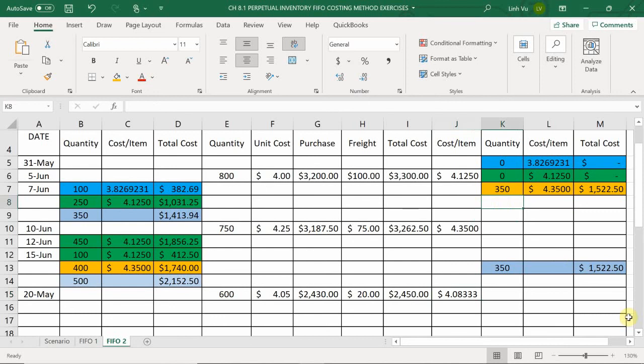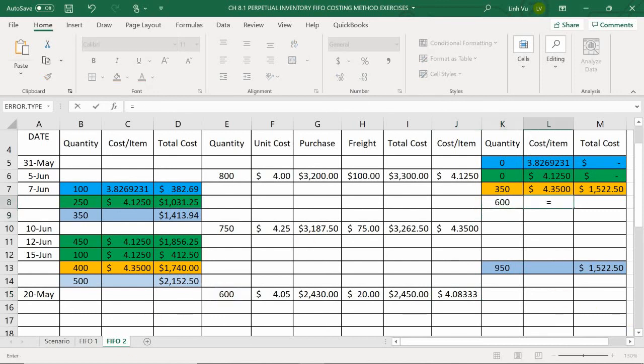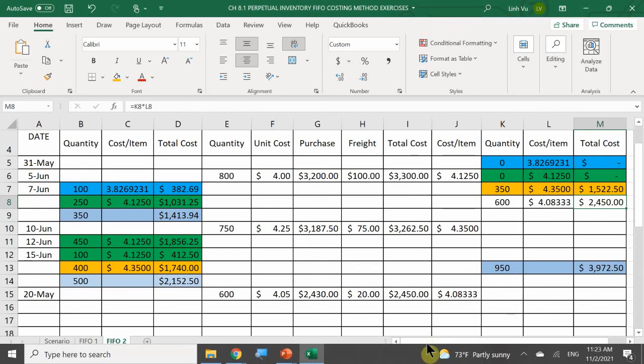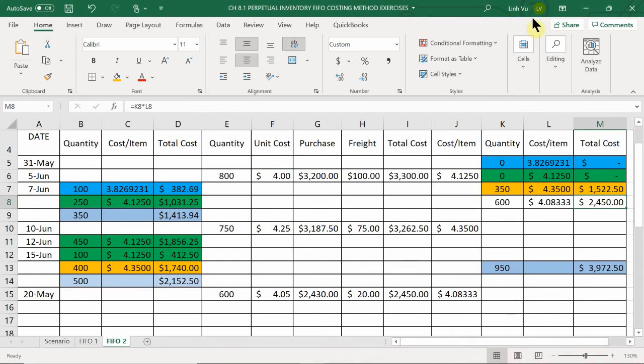Bring that over into my inventory on hand over here, to give you $2,450. Okay, and now I need to make this another color.